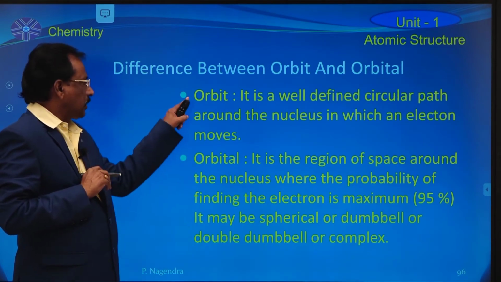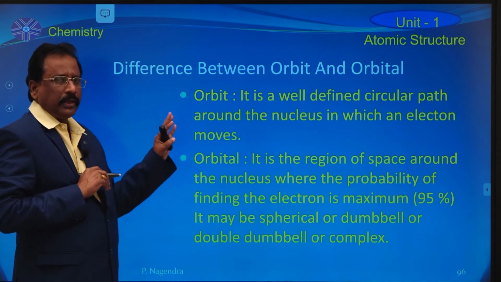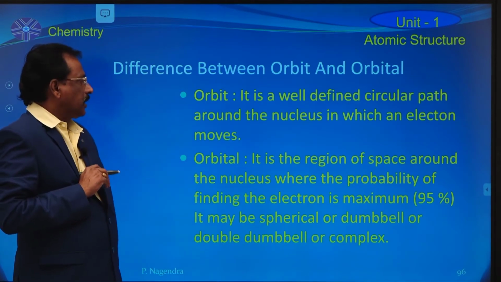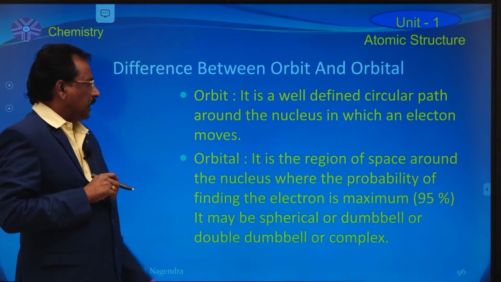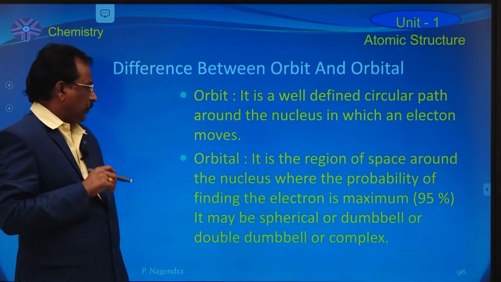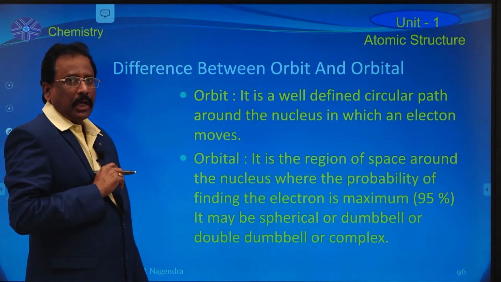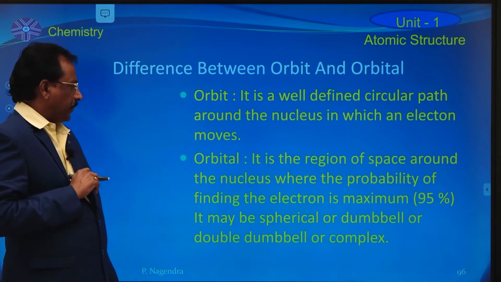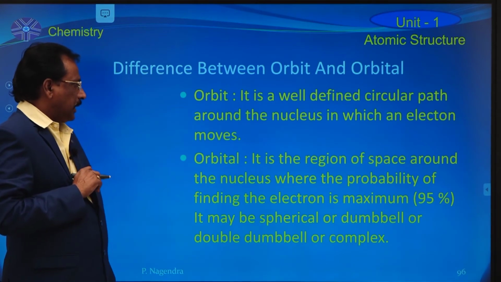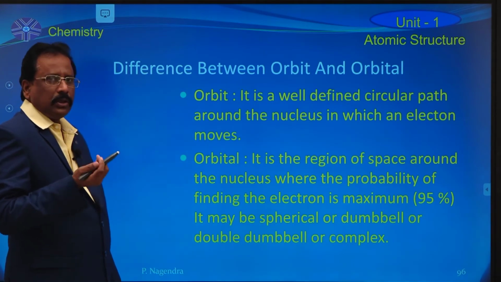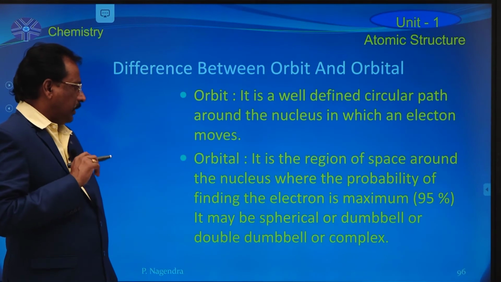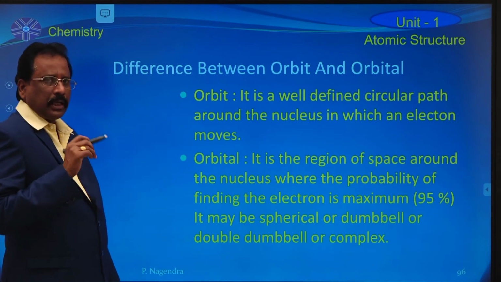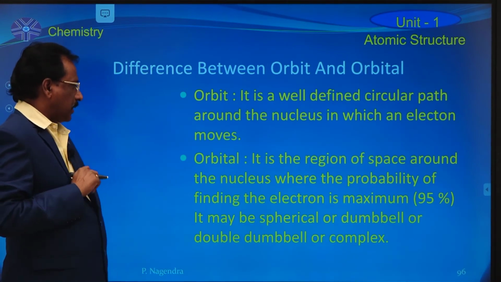Bohr proposed stationary orbits for the revolving electron. Now, orbital, according to the quantum mechanical model of the atom, is the region of space around the nucleus where the probability of finding the electron is 95%.